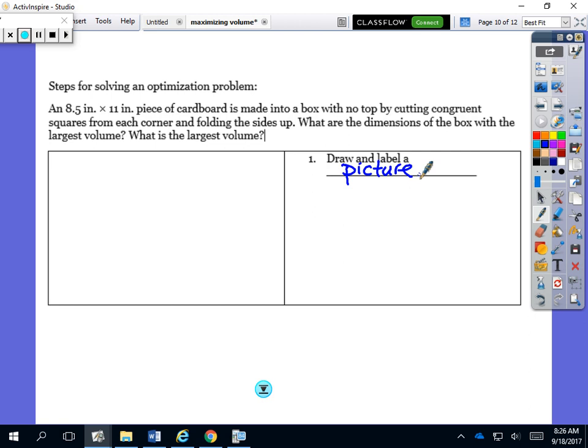So first of all, what does my box look like? There's the box. We don't know what the length, width, and height are, but we've got a picture of what our box looks like. And we have our piece of cardboard with the sides cut out.